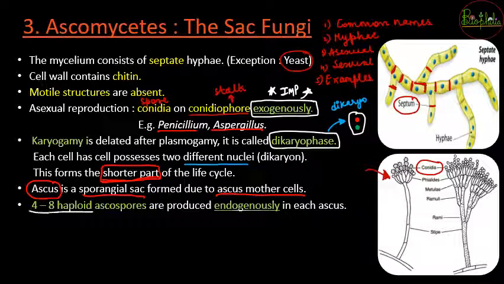So one of them is going to be 4 to 8 ascospores going to be produced endogenously.